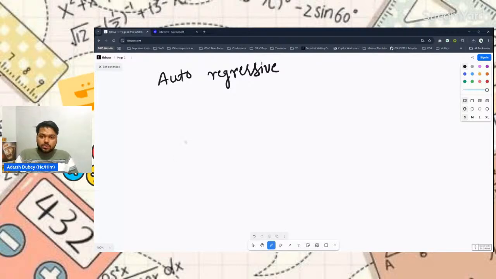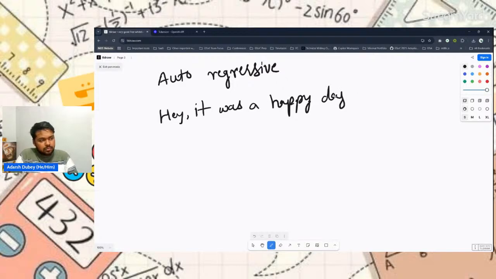So what do transformers or LLM models do in general? Suppose I say, "Hey, it was a happy day because," and then I give this particular sentence.